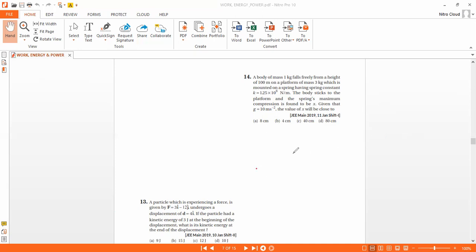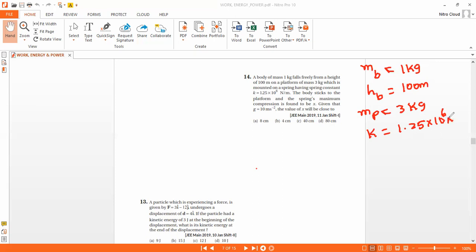I think this question was either deleted or given grace marks in the 2019 shift one. The mass of the block is 1 kg, raised to a height of 100 meter above a platform. The mass of the platform is 3 kg, mounted on a spring having spring constant k equal to 1.25 times 10 power 6 Newton per meter.